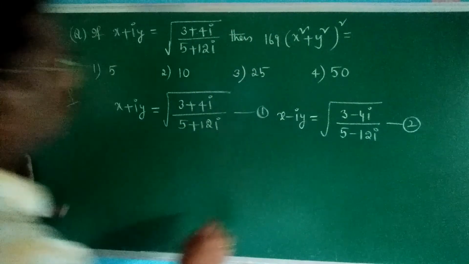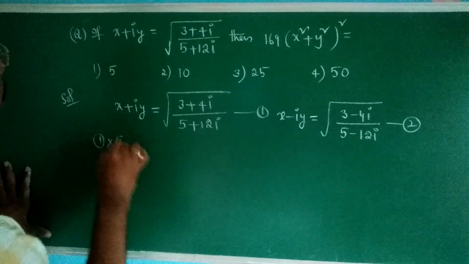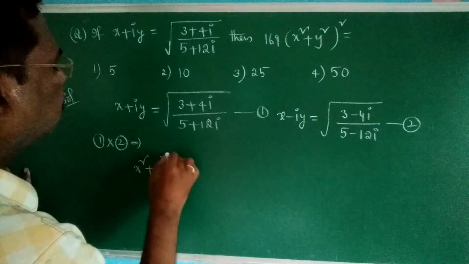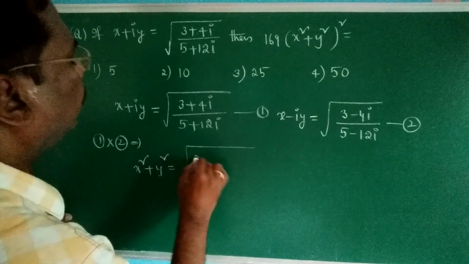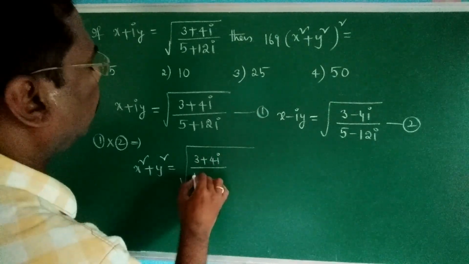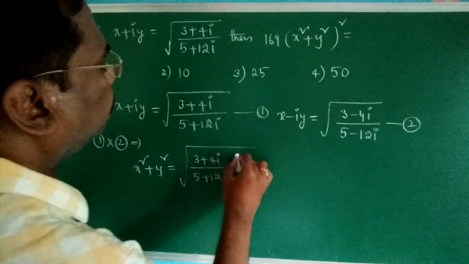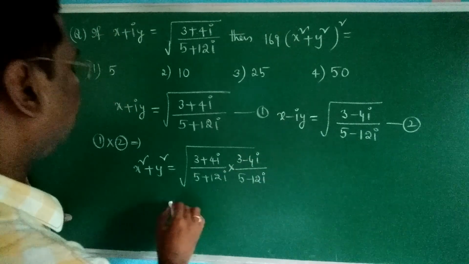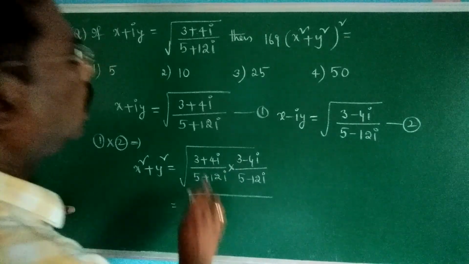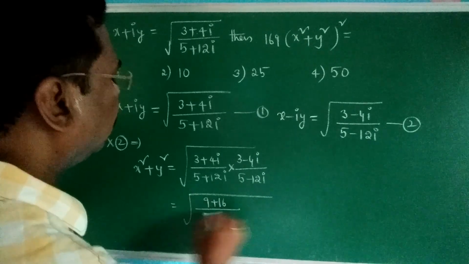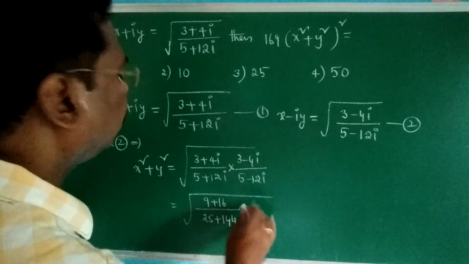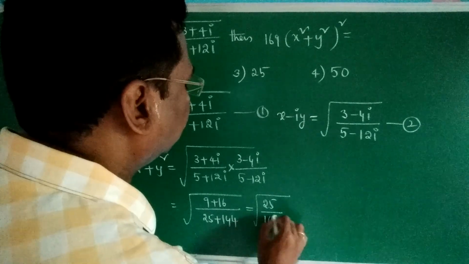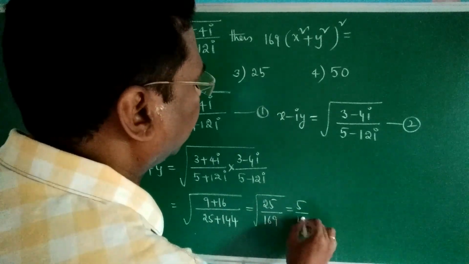Now this is equation 2. Multiplying 1 and 2, using a plus b into a minus b, x square plus y square is equal to the square root of 3 plus 4i by 5 plus 12i into 3 minus 4i by 5 minus 12i. Now the square root of 9 plus 16 by 25 plus 144, the square root of 25 by 169, which is 5 by 13.